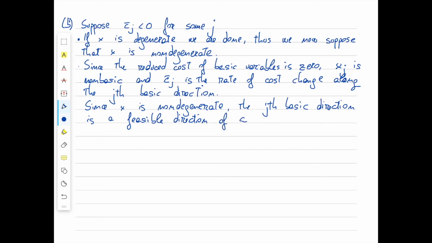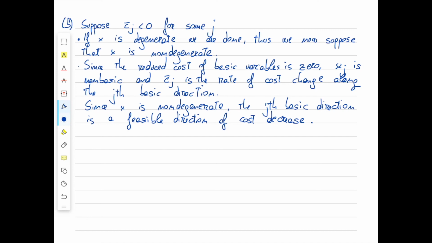And it is of cost decrease, since c bar j is strictly negative. So we know that by moving in that direction, we obtain a feasible solution with cost less than that of x. And this immediately implies that x is not optimal. And this concludes the proof.